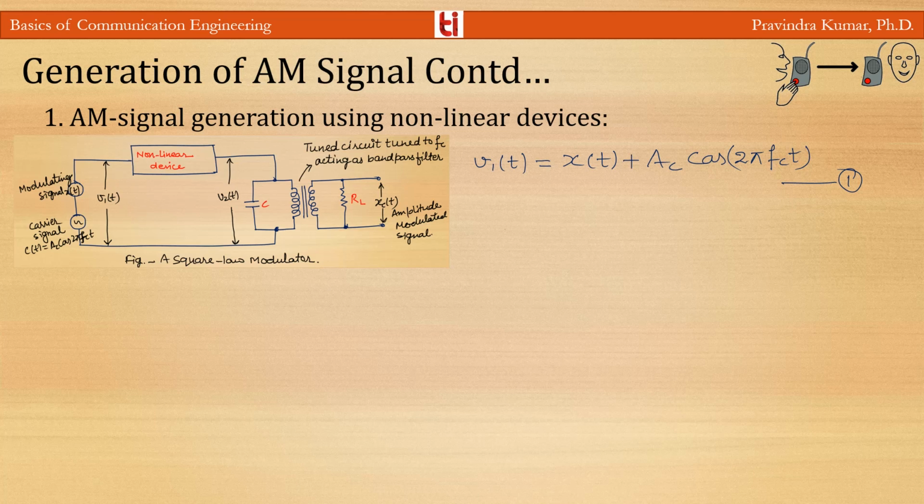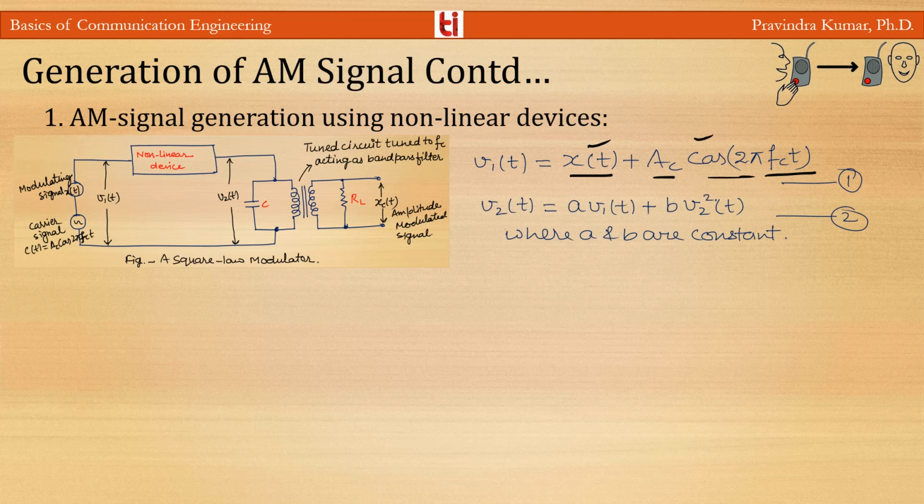So v1(t) = x(t) + Ac cos 2 pi fct. These two are in series. The input output relation of the non-linear device is non-linear.